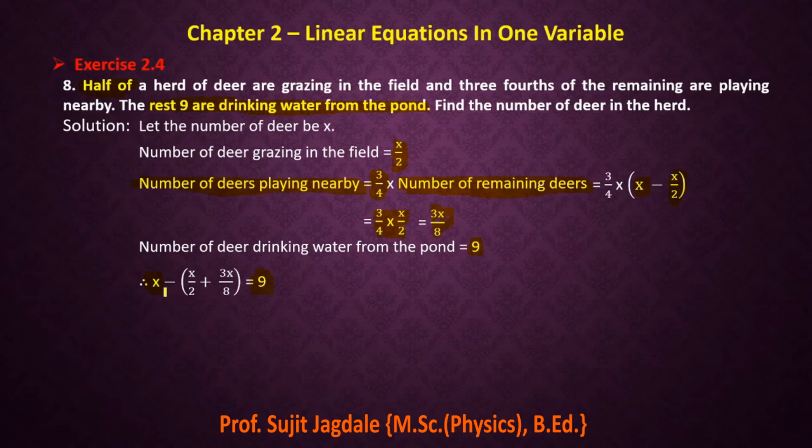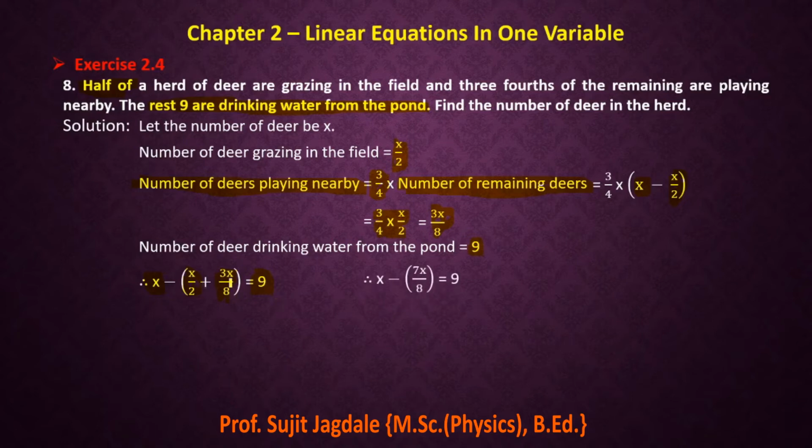So x minus, in brackets, x by 2, the number of deer grazing in the field, plus 3x upon 8, the number of deer playing nearby. Those two values should be added, and this sum is subtracted from x, the total number of deer. Then we are going to get 9.